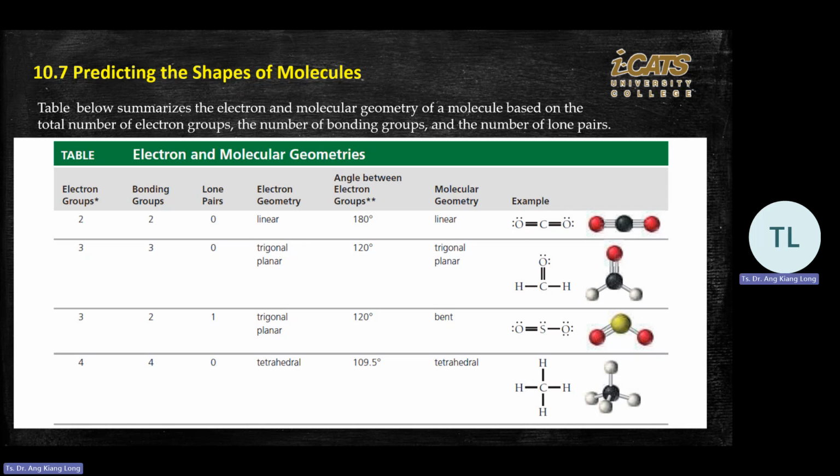Molecular geometry is this 3D projection. So they are the same, only this one is a bit different. You see the electron geometry and the molecular geometry are different. So read carefully from the table, depending on what the question asks you, either molecular geometry or electron geometry. You need to be careful.